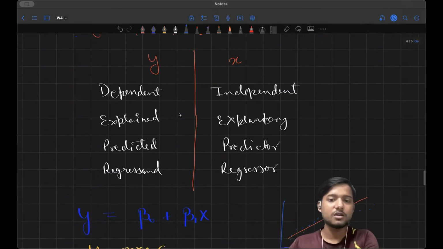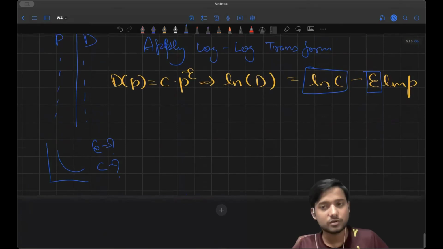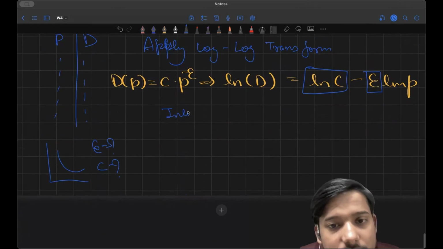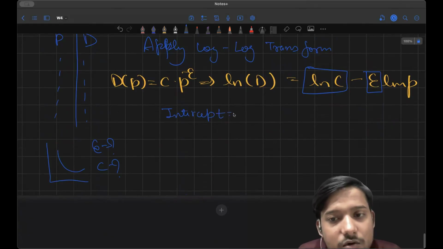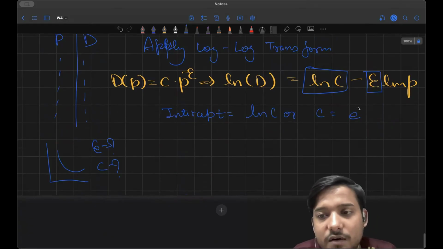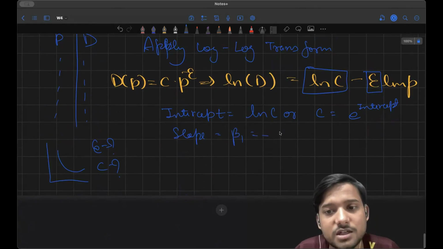So whenever I draw my linear regression line after the log transformation, I can get access to both. ln C will be the intercept, so C is equal to e to the power intercept. And then we know the slope, which is beta 1, the same as minus epsilon. So elasticity is going to be the negative of my slope.